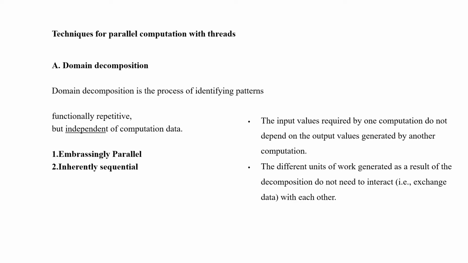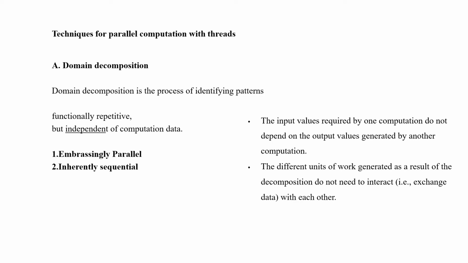So in case of domain decomposition, usually a given system is divided into two major code segments. One code segment contains decomposition and coordination logic, whereas another code segment contains repetitive computation to perform. There will be a master thread which executes the first code segment.